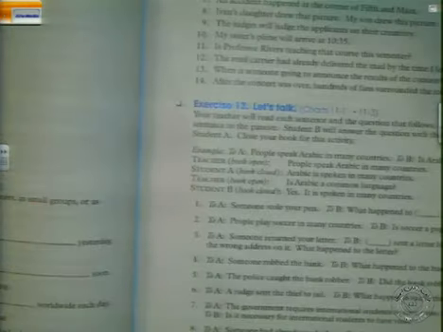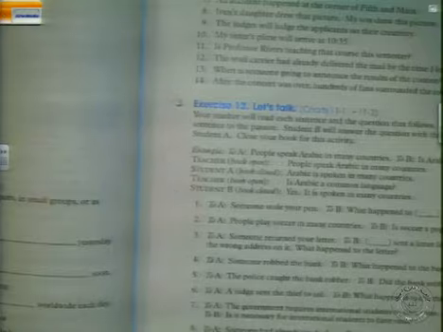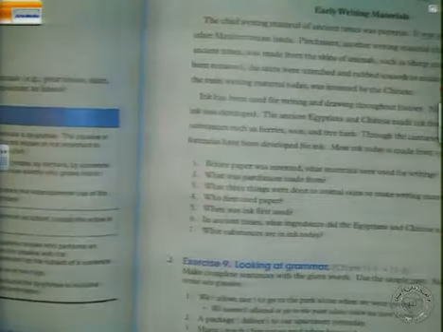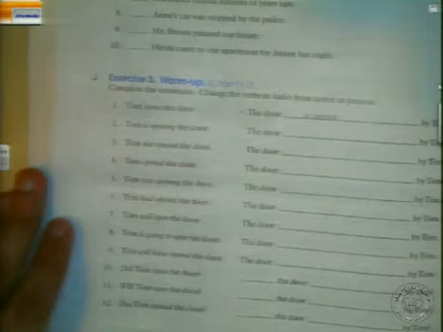I want to do one exercise with you. I think it's very easy. So on page 212, let's do the easy exercises together.